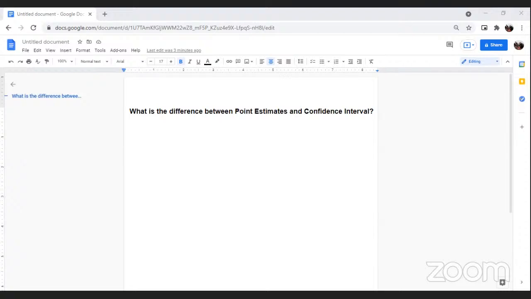So this likeliness or the probability, you can call it by either term, is called the confidence level. Basically, it is represented by 1 minus alpha, where alpha is the level of significance.